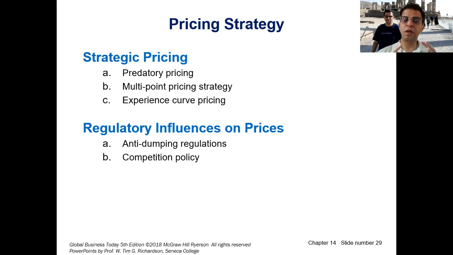Now, how do we do a pricing strategy? First of all, we have predatory pricing, multi-point pricing strategy, and experience curve pricing. We will explain each one of them. If there is a regulatory influence on pricing, then we should look at anti-dumping regulation, which we'll explain later, and competition policies.